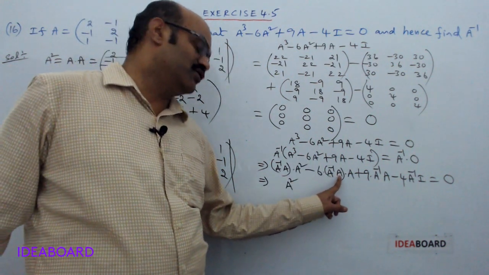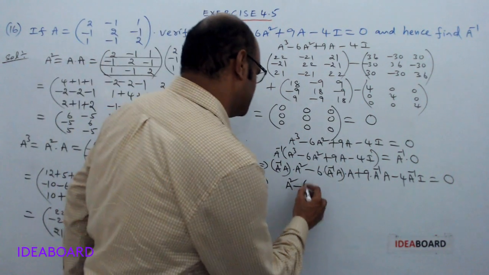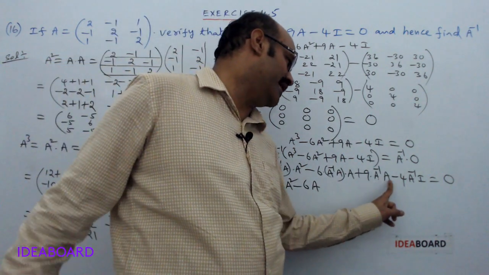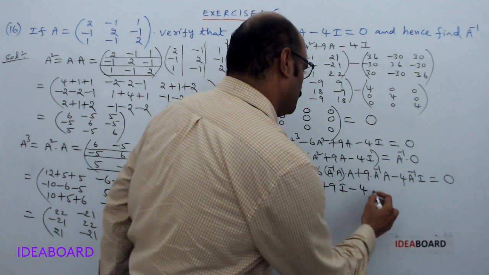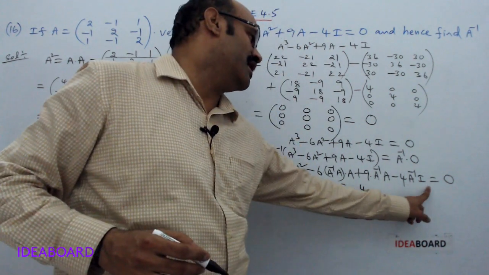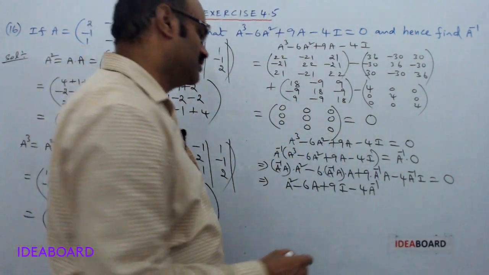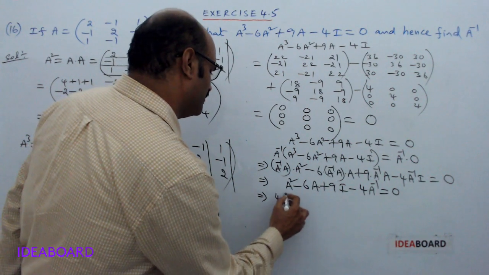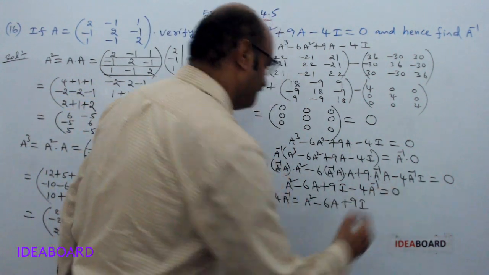A inverse A equal to I into A equal to A, minus 6A. A inverse into A equal to I, plus 9I minus 4 A inverse into I equal to null matrix. So it implies we get 4A inverse equal to A square minus 6A plus 9I.